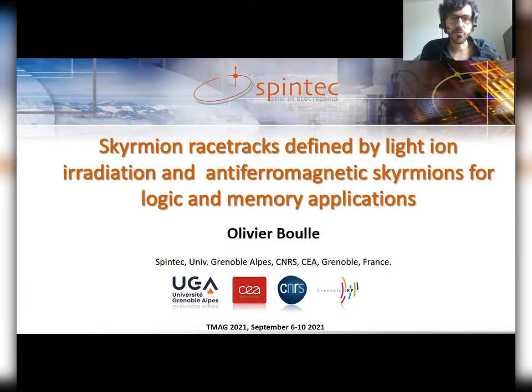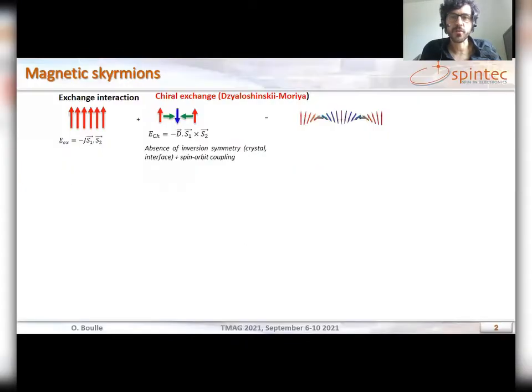So first, I would like to introduce magnetic skyrmions and explain why these spin textures are so interesting. In magnetic material, the ferromagnetic or antiferromagnetic order arises from the exchange interaction, which tends to align neighboring spins parallel to each other.